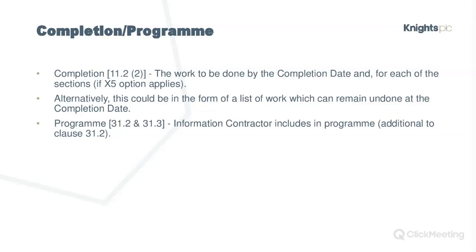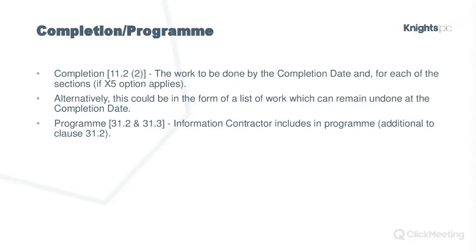Completion and programming. Now, I mentioned programming previously. So the works information, so we know that the contract data part 1 will set out the start and completion dates, so that you know what dates you've got to comply with before you're incurring delay damages and having to pay them to the employer.